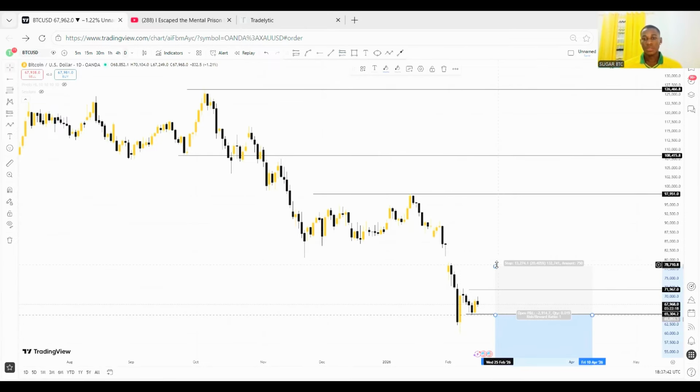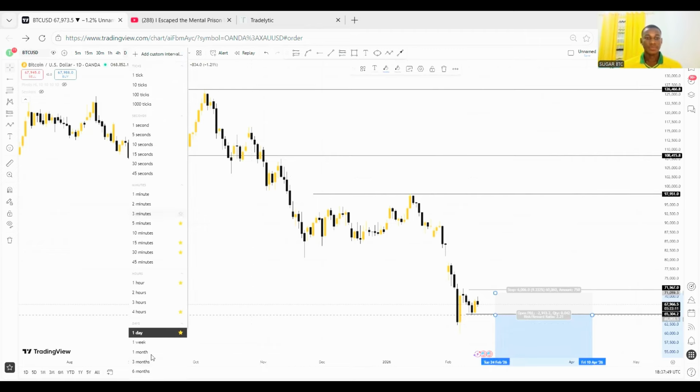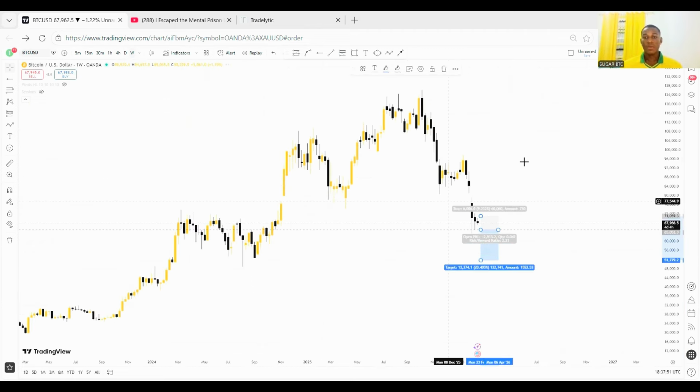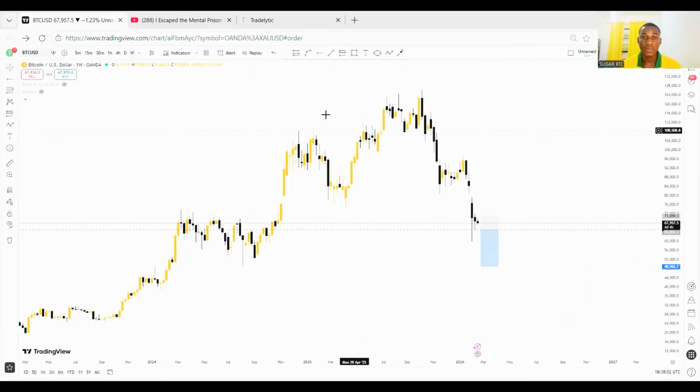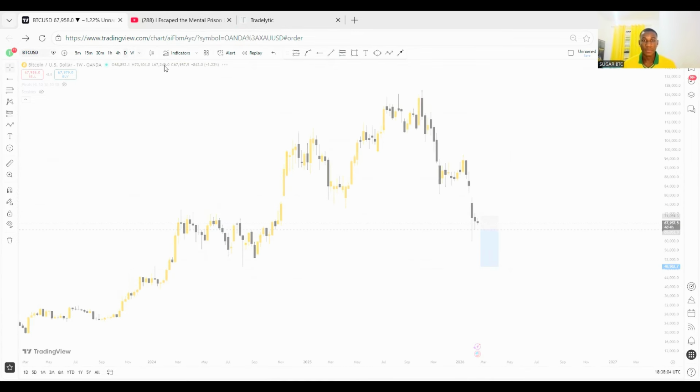from here. I'm placing my stop loss here, and I'm really gonna be targeting this level right here. I'm gonna be swinging to this level, 248K. That's how I'm gonna be playing BTC, right?